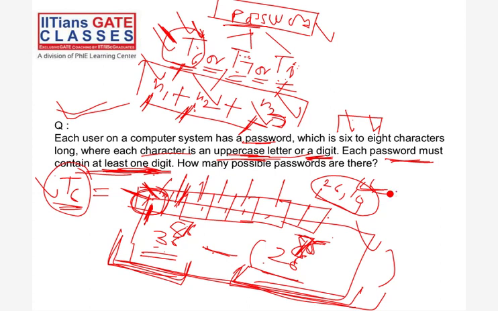In this question, we have used many concepts. First we used the sum rule. Then we used the product rule. This 36 power 6 comes from the product rule. Then we also used one more strategy: from the total, we subtract undesirable cases.